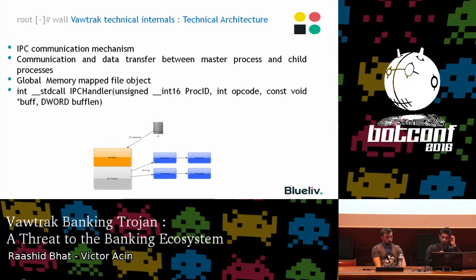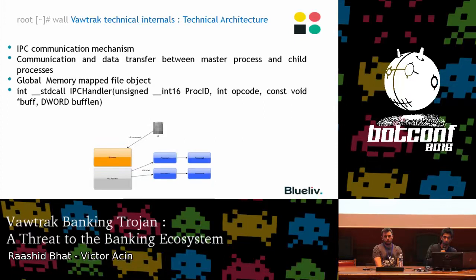Vawtrak also has an IPC mechanism. Some calls received from command and control servers are supposed to be executed in all different processes or some processes. For that purpose, it has an IPC mechanism to communicate between many different instances of Vawtrak running in different processes.